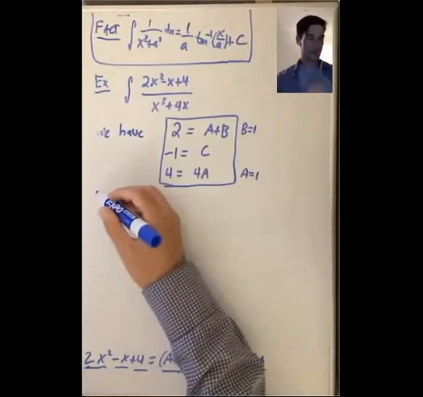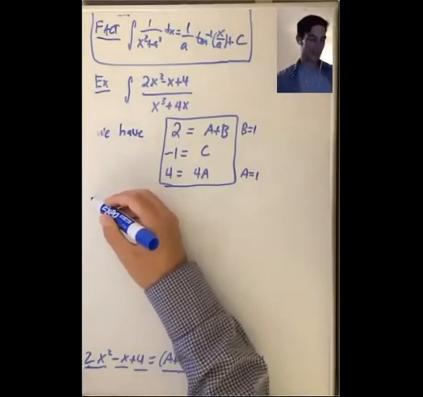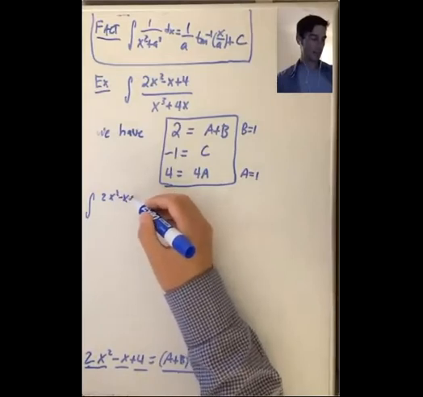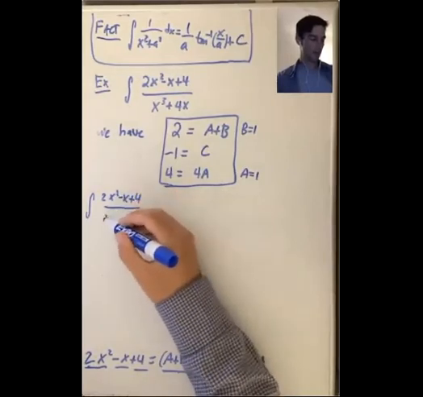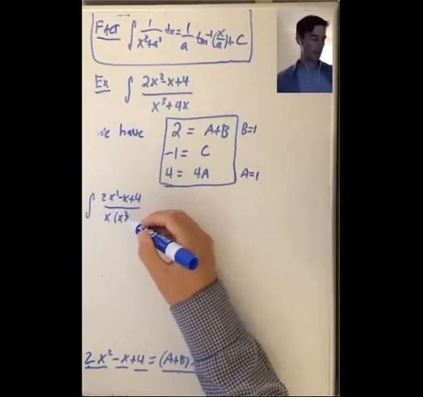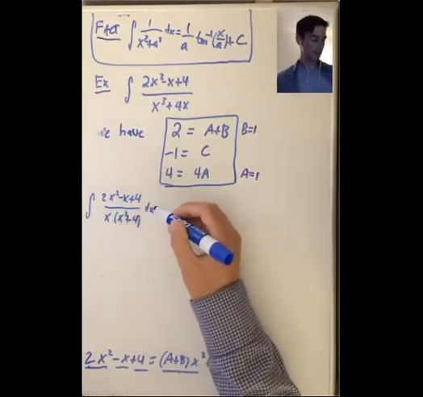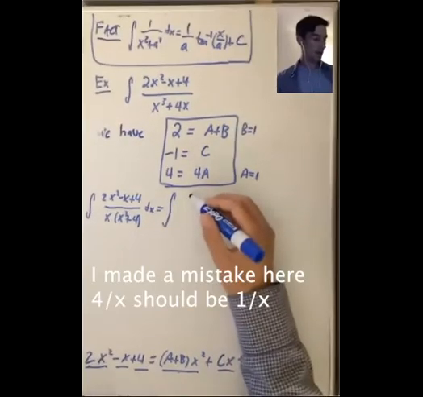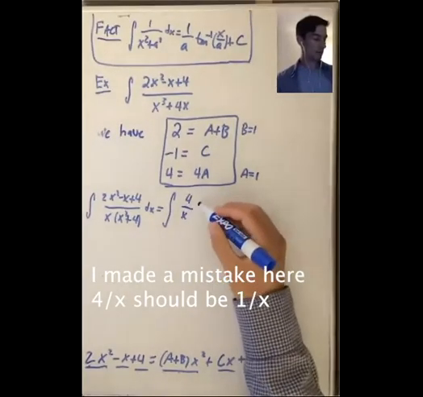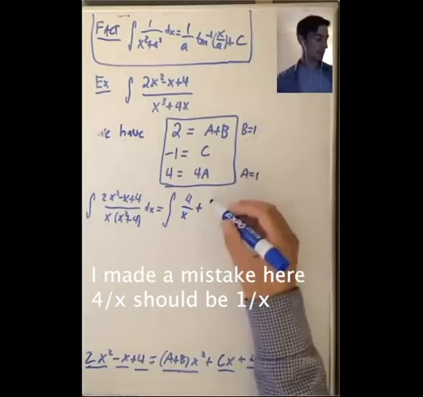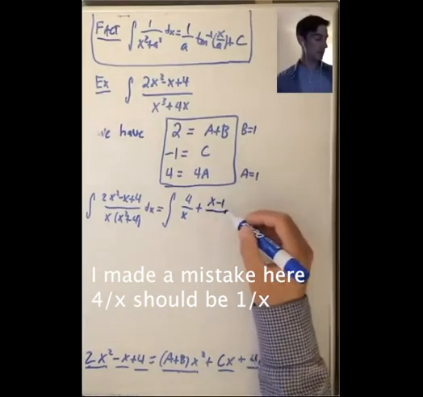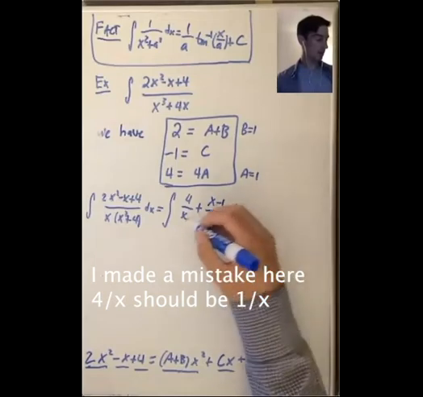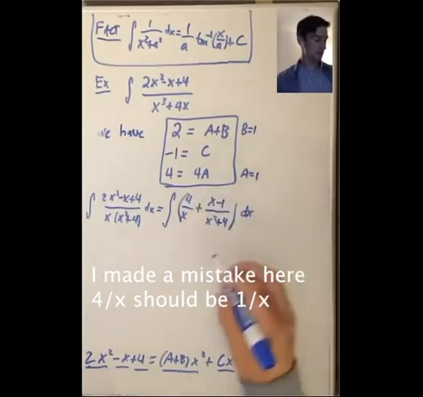So what does that tell us? That tells us that the integral we want to solve, 2x squared minus x plus 4 over x times x squared plus 4 dx equals the integral of, well, we had 4 over x plus bx plus c, x minus 1 over x squared plus 4, all dx.